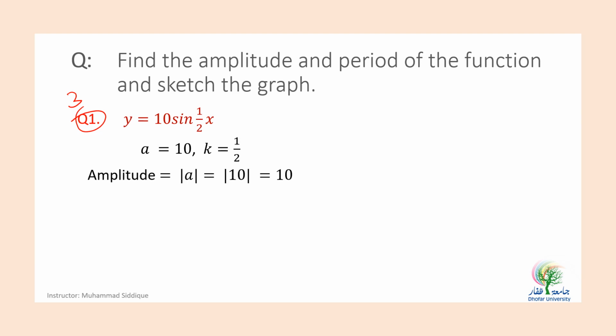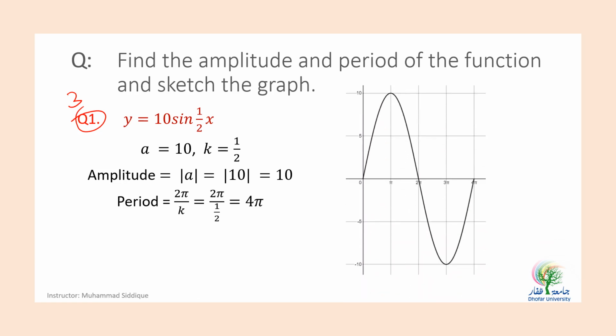Amplitude is 10, and period is 4 pi. So the graph will become like this. The period is 4 pi, so it starts from 0 till 4 pi. And amplitude is 10, so 10 up, 10 down.